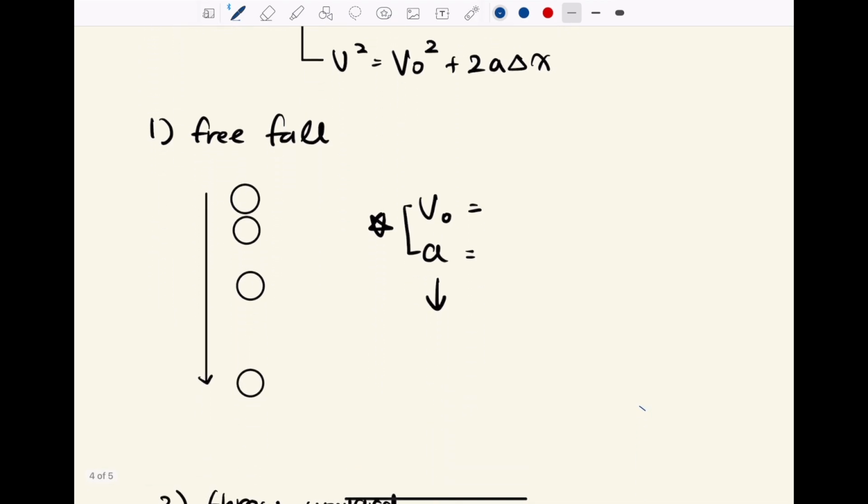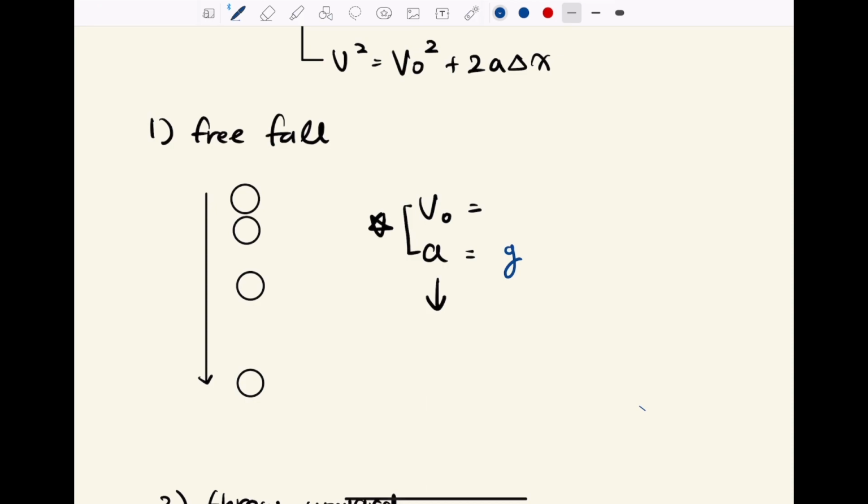So the first typical type of one-dimensional motion is a free fall, and in a free fall, the velocity is not always constant, as the acceleration is the gravity, right? Because in a free fall, there is only one factor that can affect the velocity, which is the gravity, and that would also be the acceleration in this case.